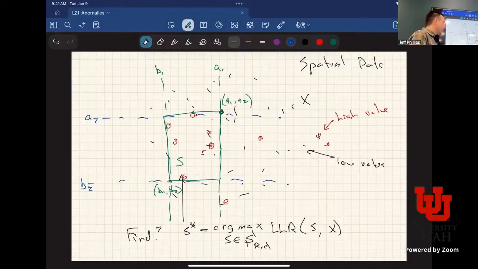So I can sort all the points by X coordinate and Y coordinate, and then I can consider every choice of boundary for the left side and the right side of the rectangle in the X coordinate, and for the bottom side and the top side. And I can check all of these. It's kind of slow, but this would allow me to search over all of these to find the one that maximizes the score.